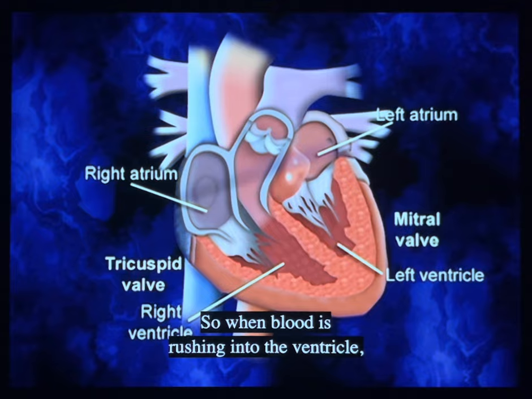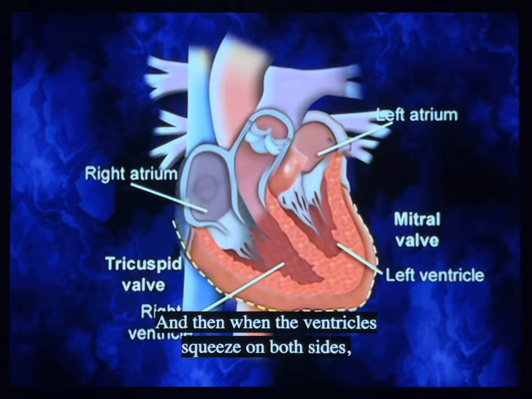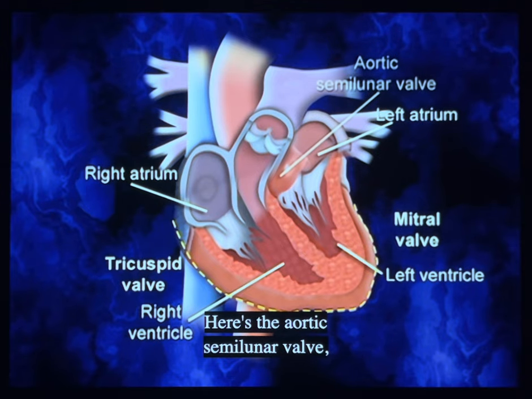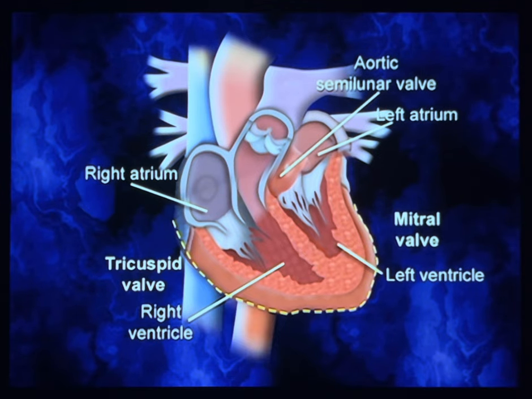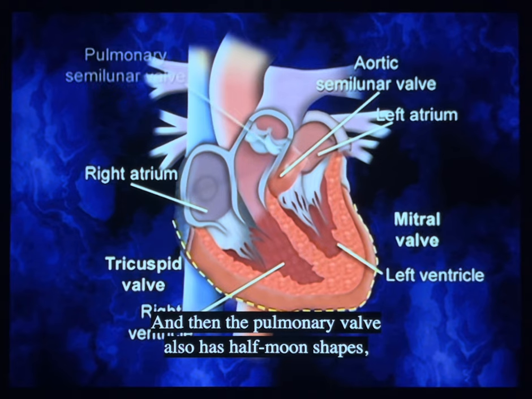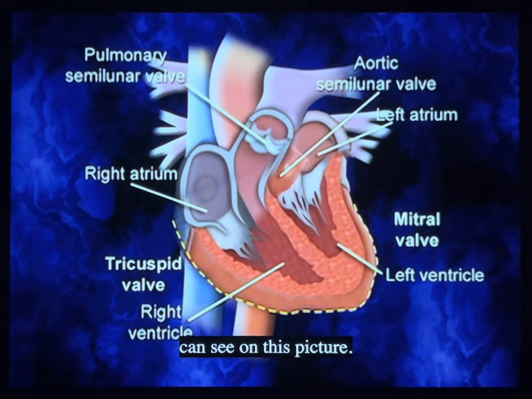So when blood is rushing into the ventricle, the valves are open. And then when the ventricles squeeze on both sides, these valves shut to prevent backflow into the atrium, and these valves open up. Here's the aortic semilunar valve, meaning it has half-moon shapes. And then the pulmonary valve also has half-moon shapes, and this one has three little cusps that you can see on this picture.